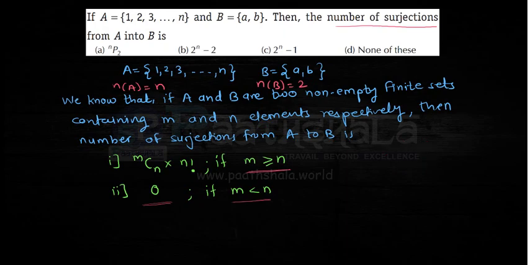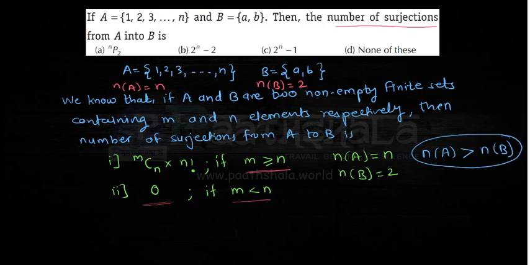But here we have n(A) equals n and n(B) equals 2. It means that the number of elements in set A is greater than or equal to the number of elements in set B, so we will use the first case.